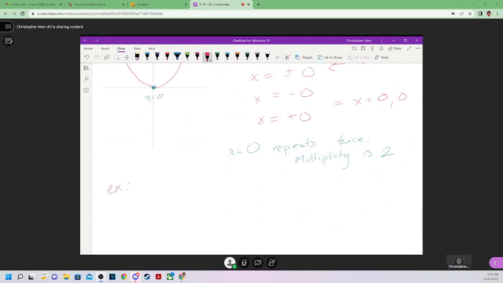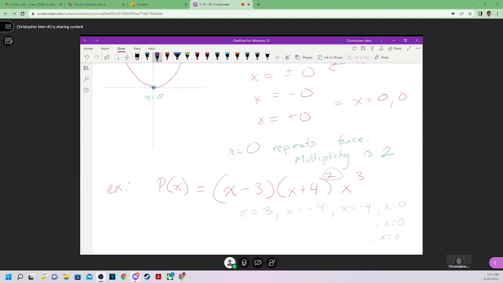Another example, we might have, let's say, p of x equals x minus 3, x plus 4 squared, x cubed. In this case, our roots are going to be x equals 3, x equals negative 4, x equals negative 4. This happens twice. And x equals 0, x equals 0, x equals 0.